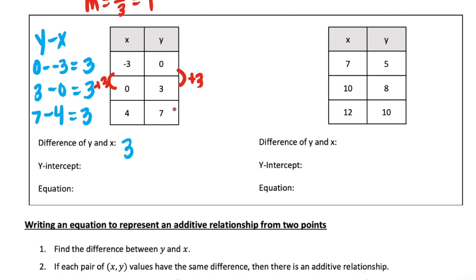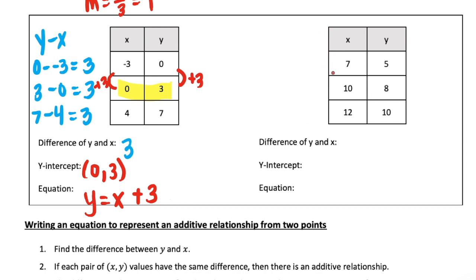And then it wasn't proportional because we knew that we have this point 0, 3, so the y-intercept is actually given to us in the table right here, and we know that our y-intercept is going to be 0, 3. So because our slope is 1, we have y equals x, and then we have a positive y-intercept of 3, so y equals x plus 3 is our equation.